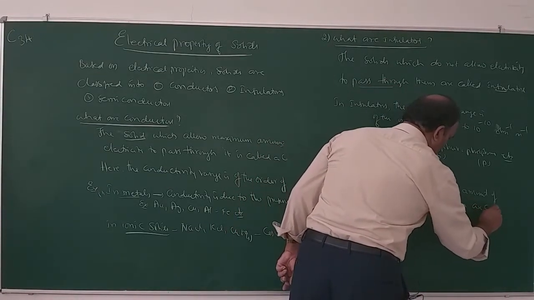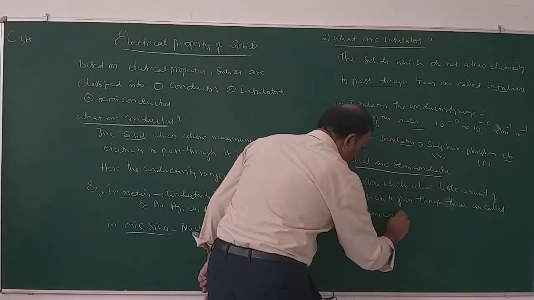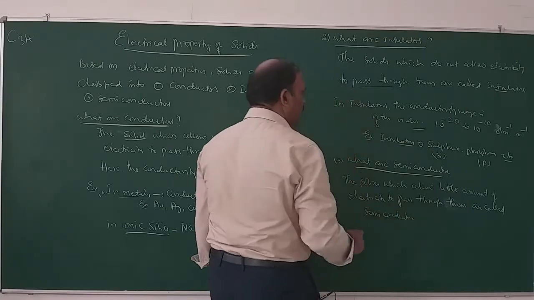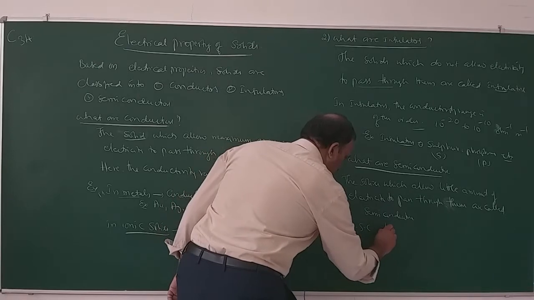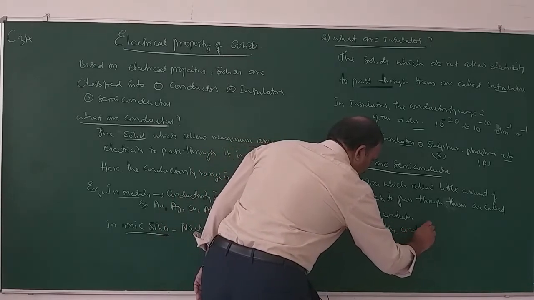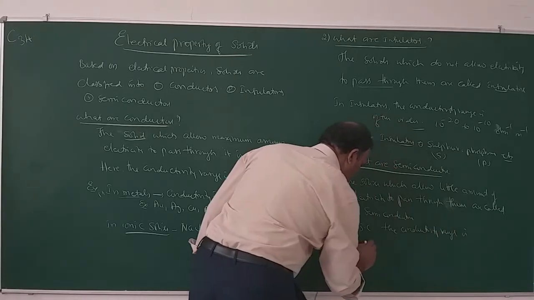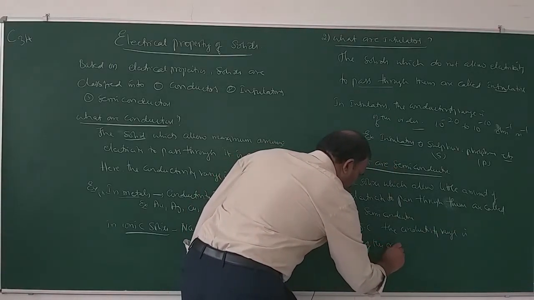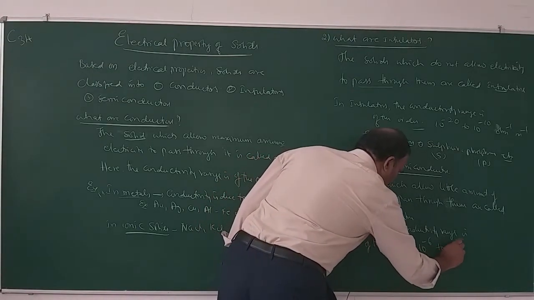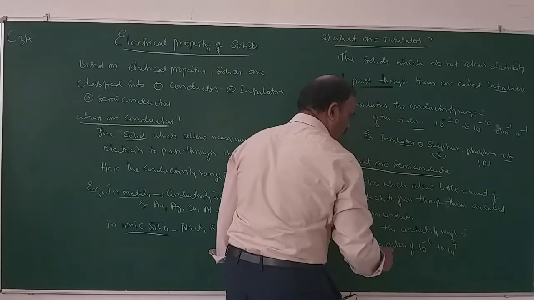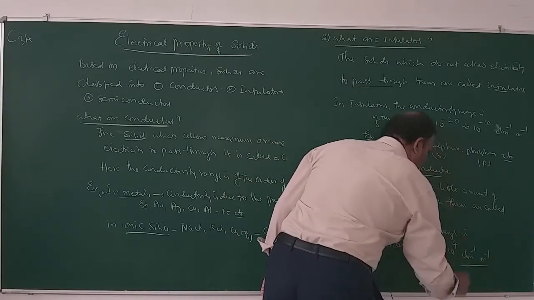In semiconductors, the conductivity range is of the order of 10 to the power of minus 6 to 10 to the power of 4 ohm minus 1 meter minus 1.